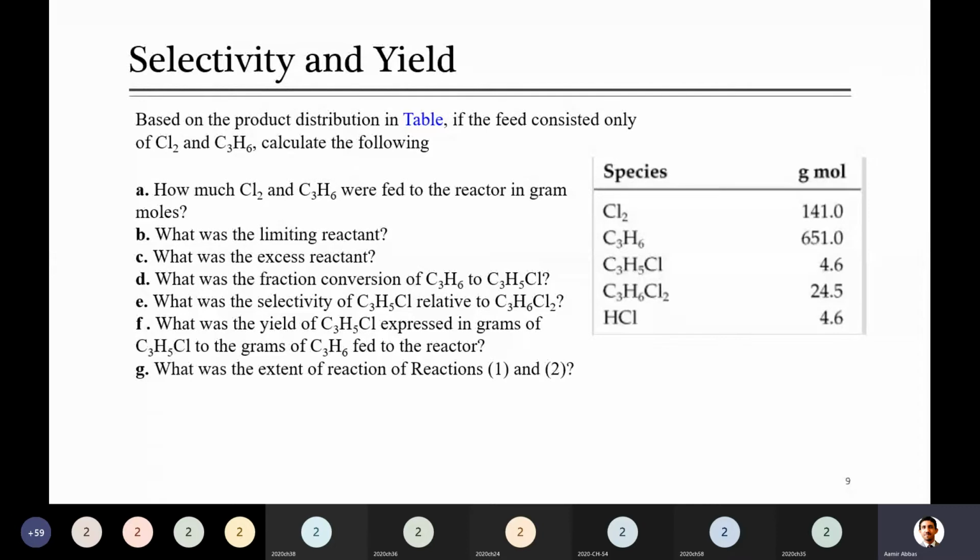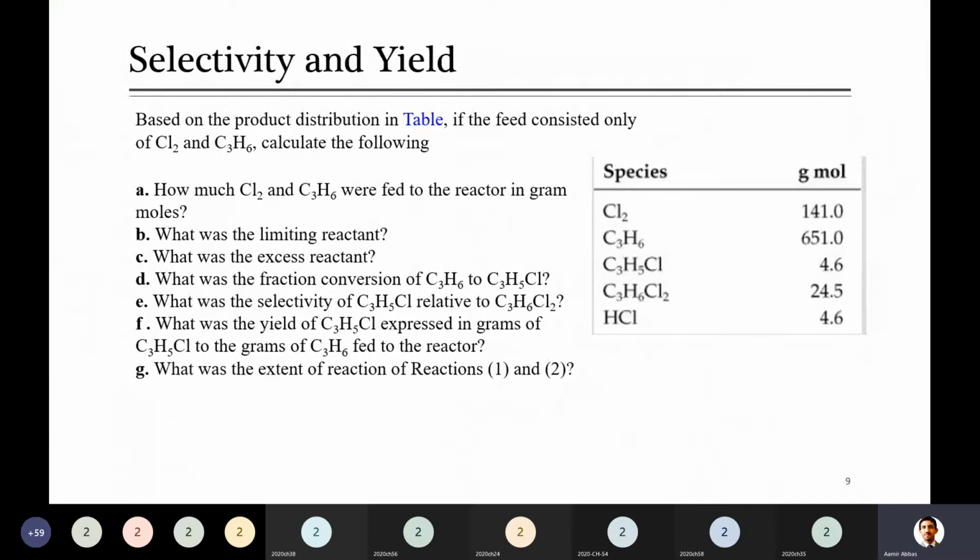For the first part, if we have to solve it, can you tell me how you can calculate it? Number of moles equals given mass over molar mass. But the given mass is nothing here; you only have moles at the outlet of the reactor. Here he is asking how much Cl2 and C3H6 were fed to the reactor.